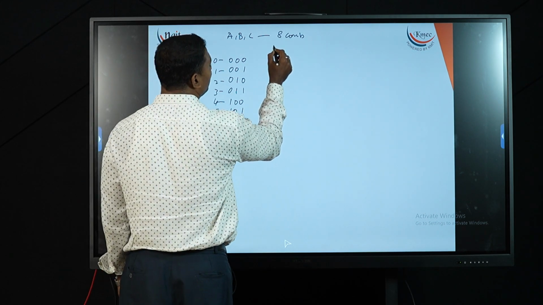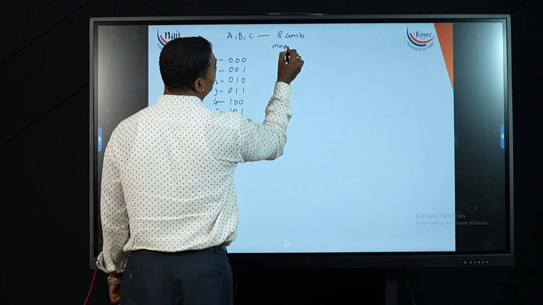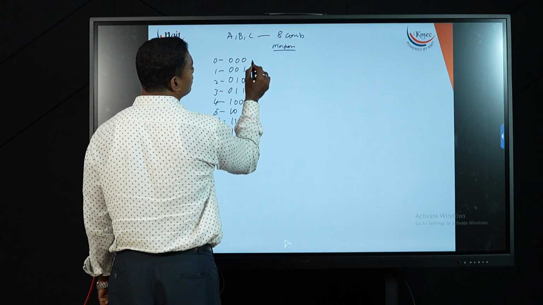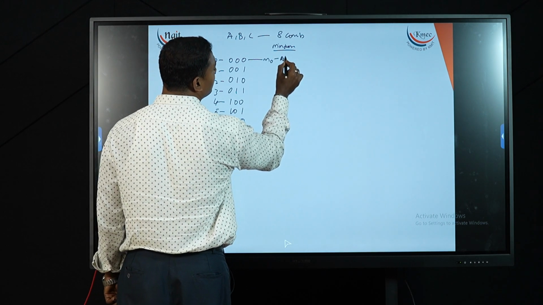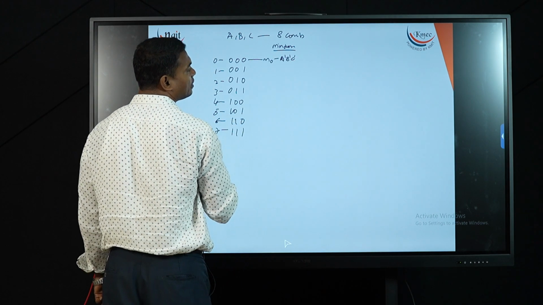Now my min terms. A min term can be written as small m0, and this can be represented as A dash, B dash, C dash.